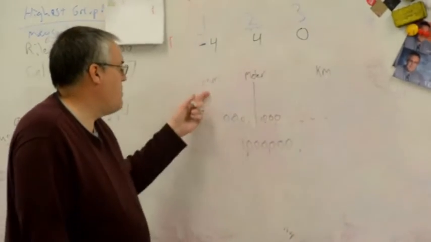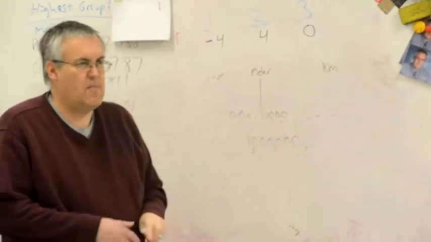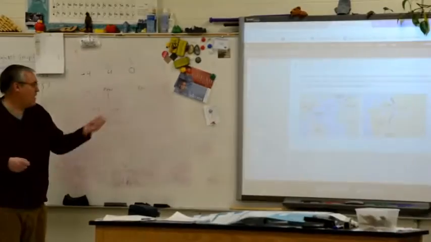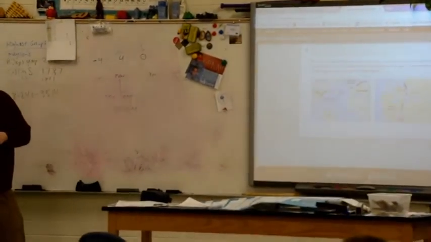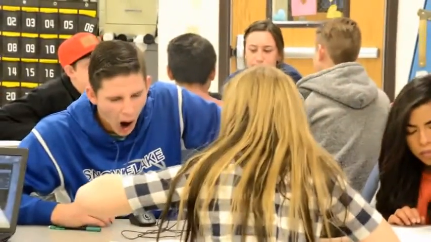So there's 1 million millimeters in a kilometer. You could have gone 1,000 times 1,000. Isn't 1,000 times 1,000 the same thing, right? Okay, let's just do it.